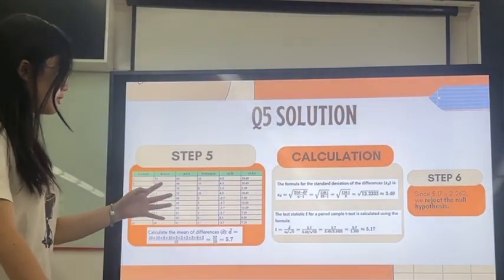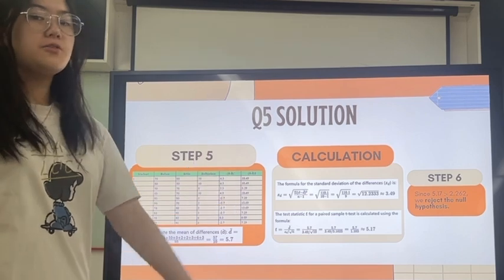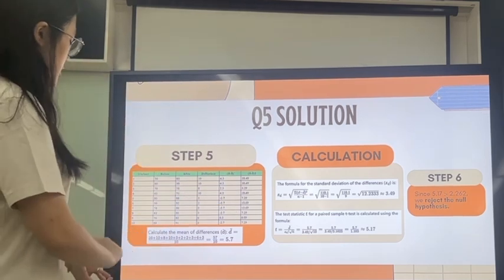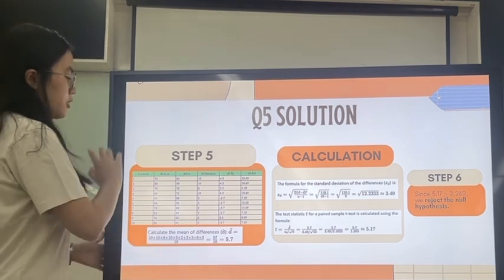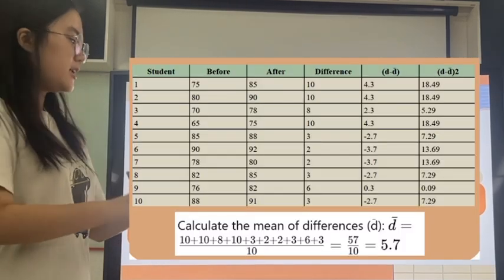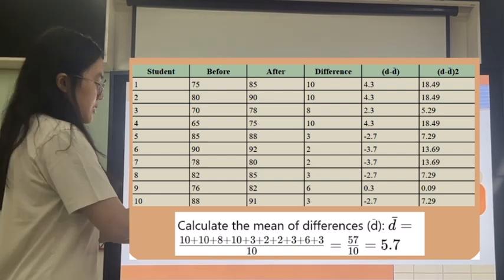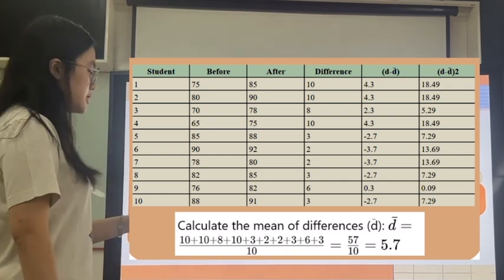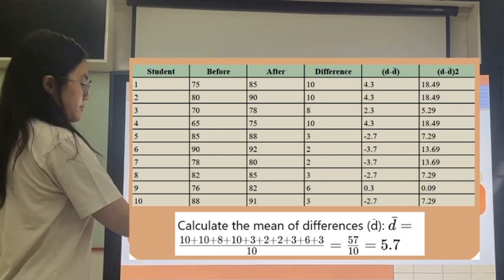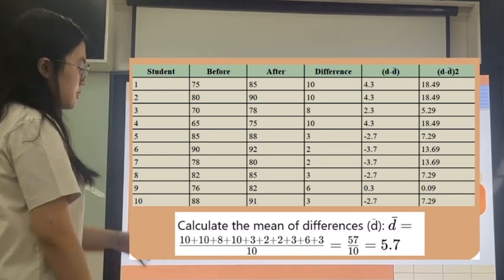Okay, step 5. This is a little bit different from the previous solutions, because we need to first calculate the difference. You can use Sheets or anything like that, and the difference is just the after minus the before. Okay, so these are the results.